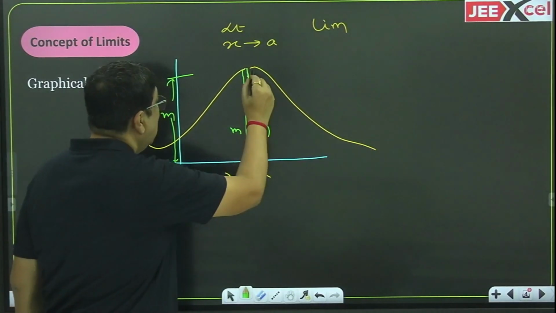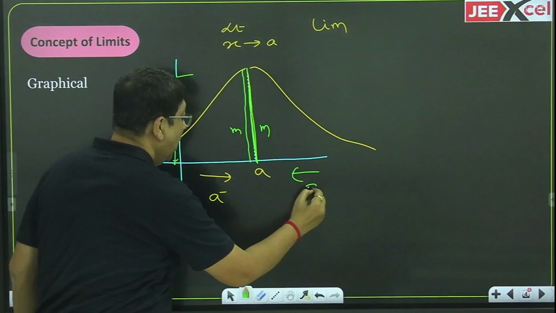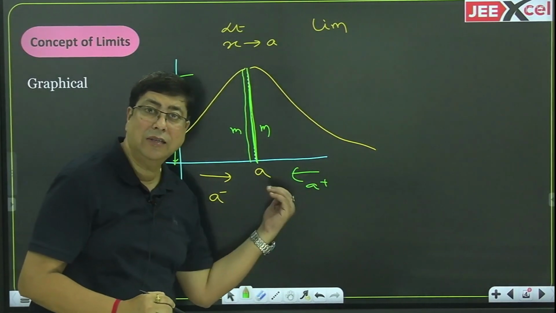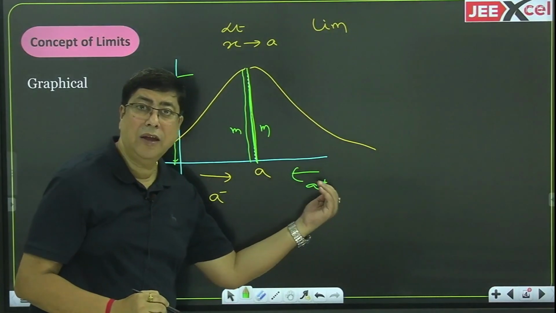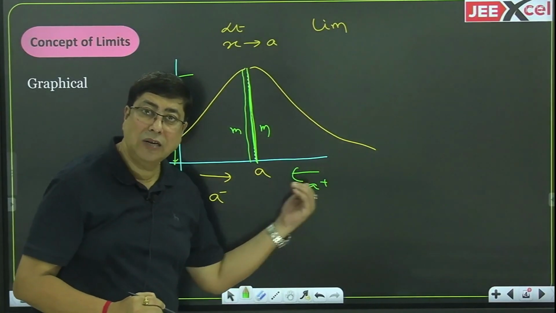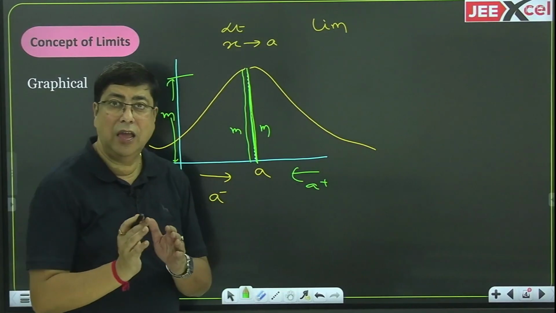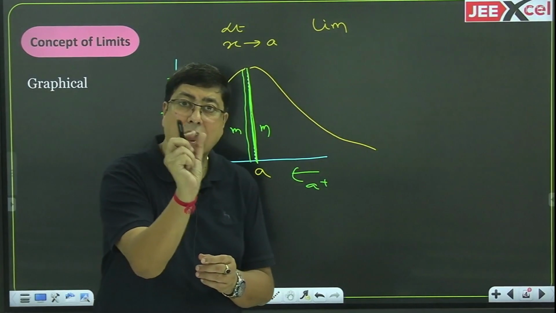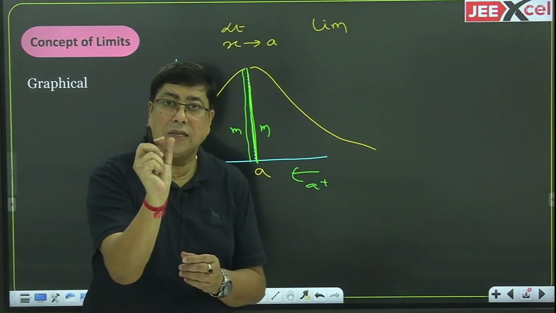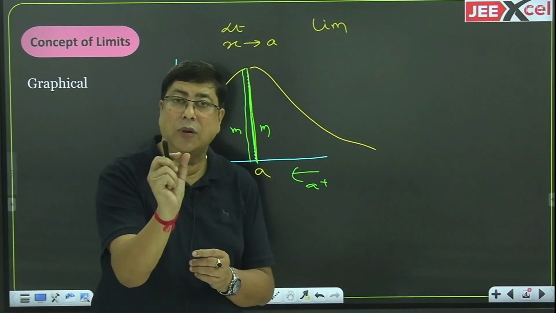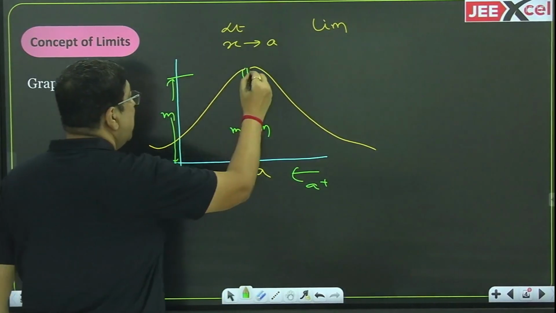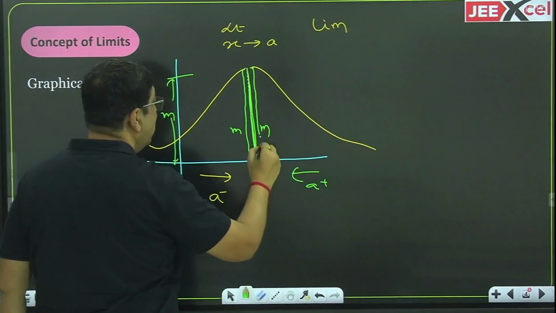And when x is coming from the right-hand side, approaching towards a, not exactly a, such that there is a distance between a to a plus or a to a minus, that is called a pre-assigned positive quantity, smaller than however small you think. Then this height is also m.